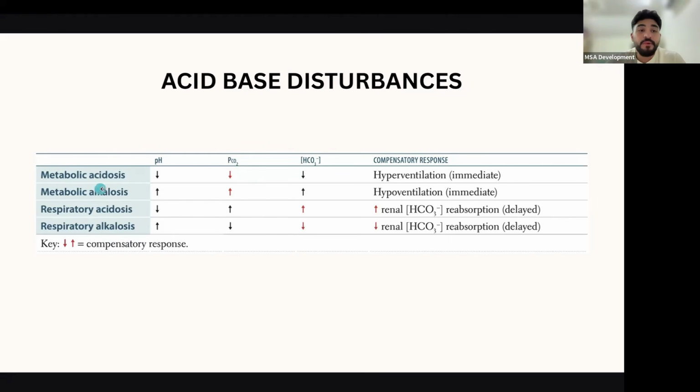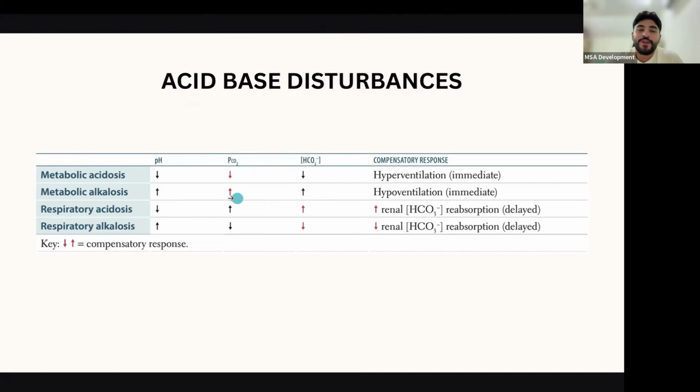So in metabolic alkalosis, your pH is going to be high, right? It's going to be alkaline, of course. And then again, I look at what is really associated with it. So when it's high pH, I'm expected to see two things. Either low carbon dioxide or high bicarb, right? So here I have to have a high bicarb, sorry.